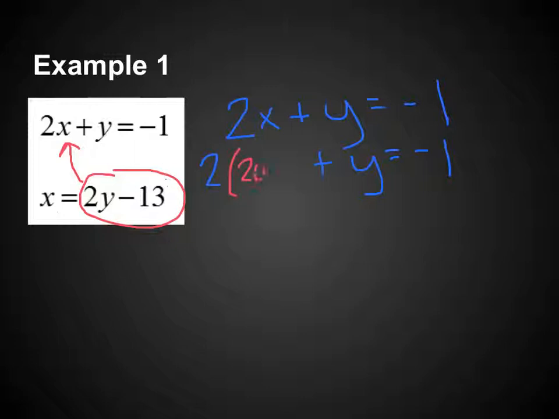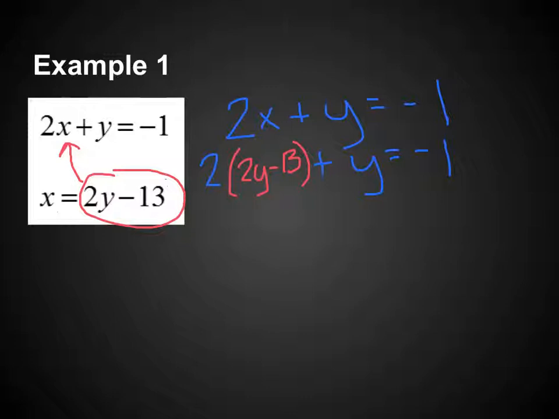So replacing the x is the 2y minus 13. Now our equation says 2 times 2y minus 13 plus y equals negative 1. The benefit of having this equation is that there are only y values now, so we can figure out what the value for y will be in our ordered pair for our solution.